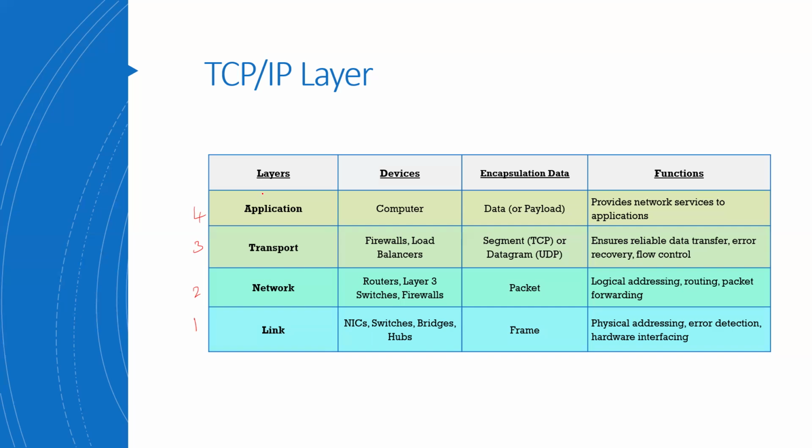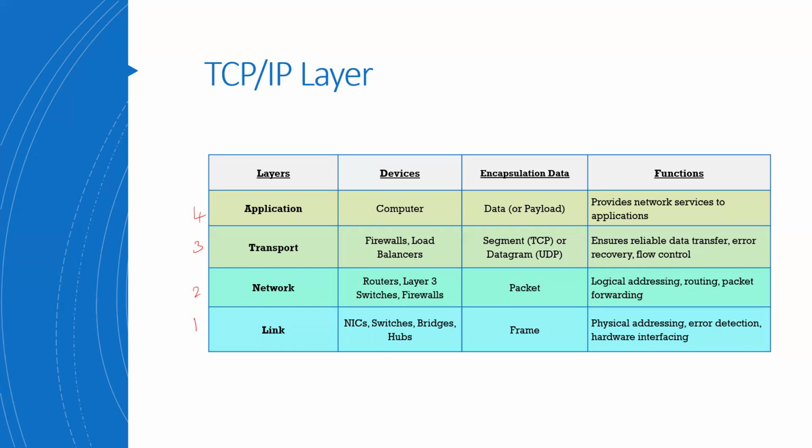So how does TCP/IP work? TCP/IP operates by breaking down data into packets and sending them across networks. Here is a simplified overview. Data encapsulation: data from the application layer is encapsulated into packets at the transport layer.